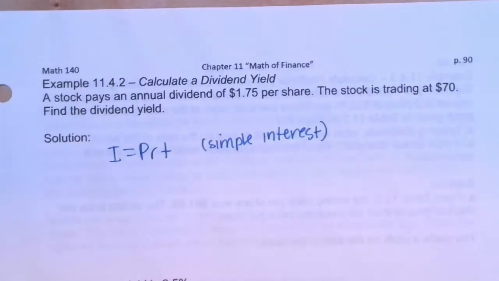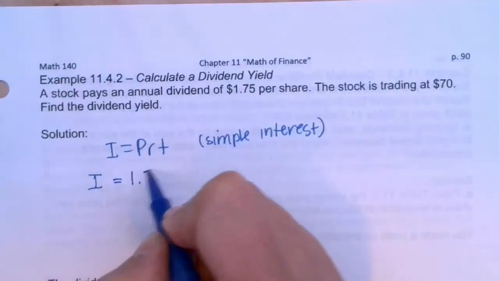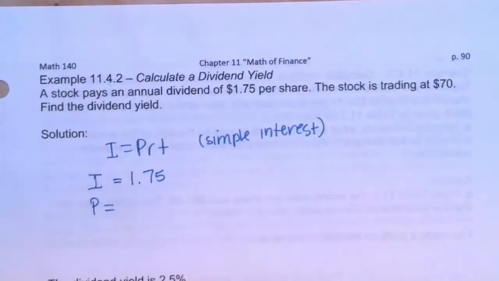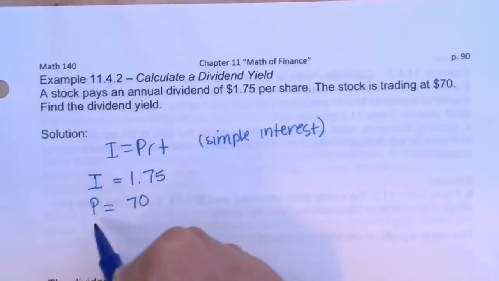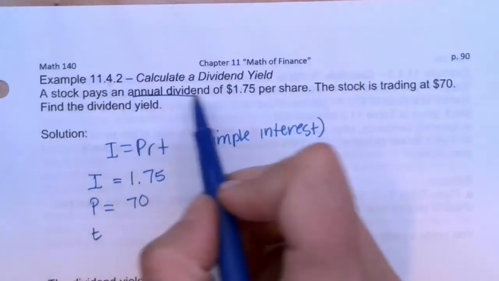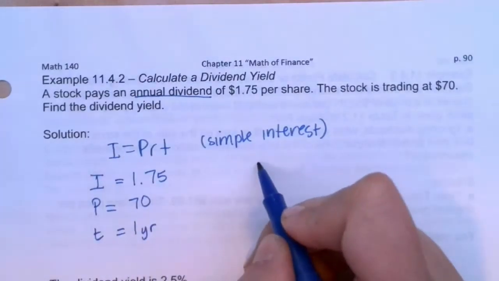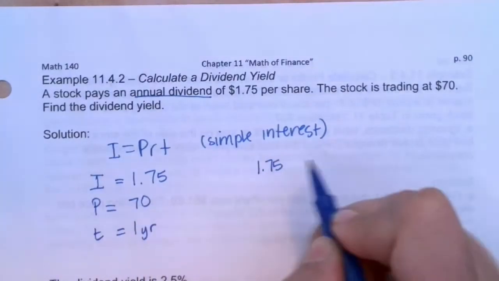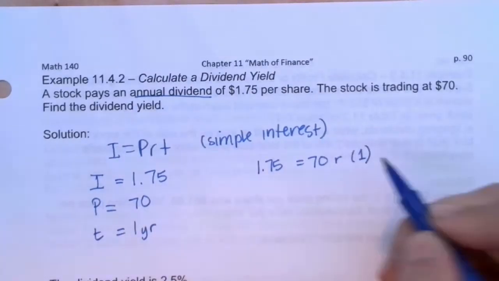What we're trying to do is find R. Our interest earned is $1.75. The stock is trading at $70, so that's our principal. And our time here, again, this is an annual dividend, so it's just 1 year. Plugging all of this in, we get 1.75 equals 70 times R times 1.